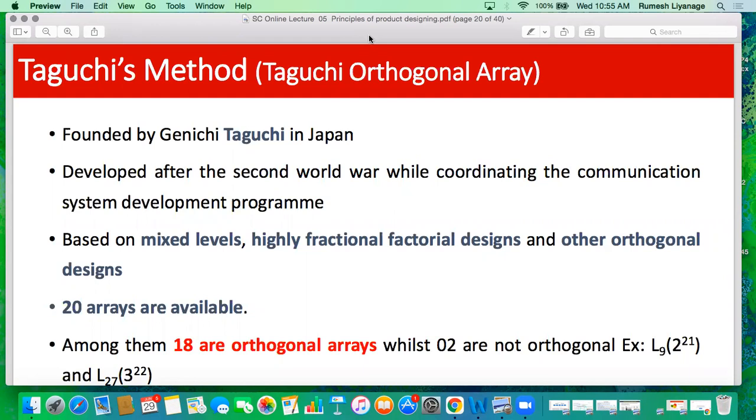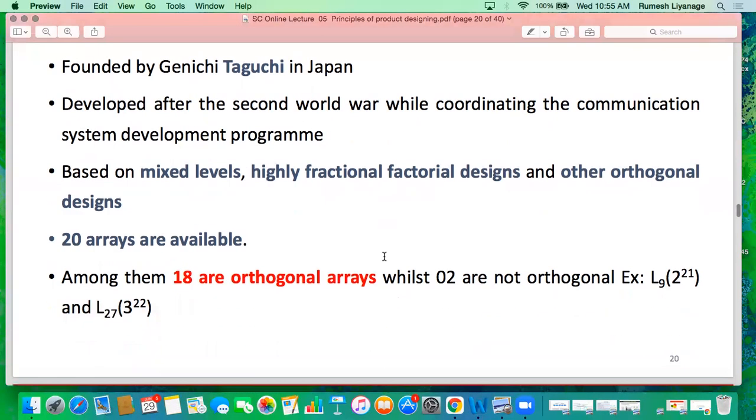Do you know the meaning of orthogonality? What is the meaning of orthogonal designs? It means independence. Interactions are there, but each factor has independence, right?